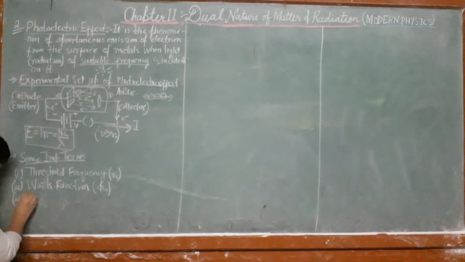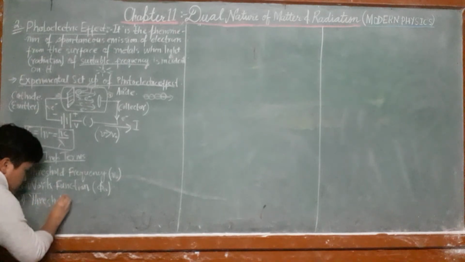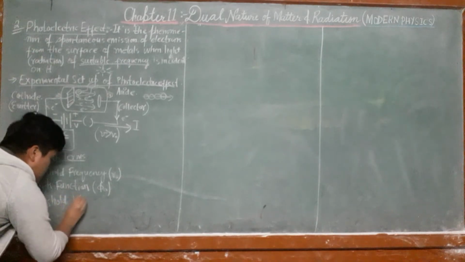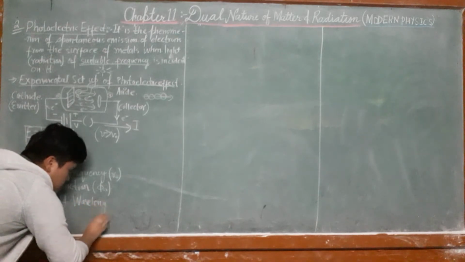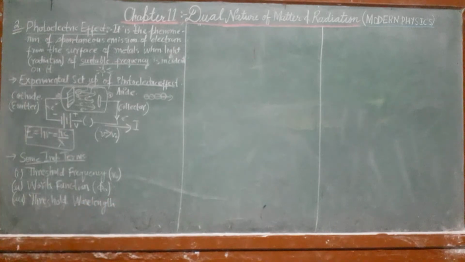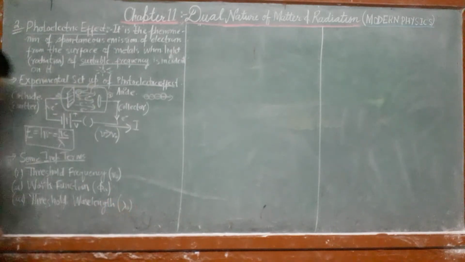Third one is your threshold wavelength, represented by lambda naught.